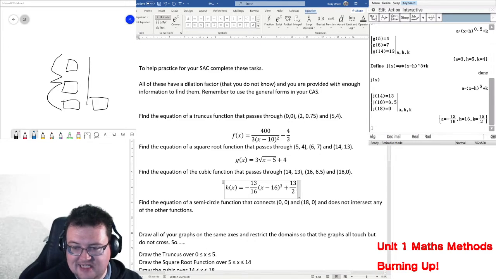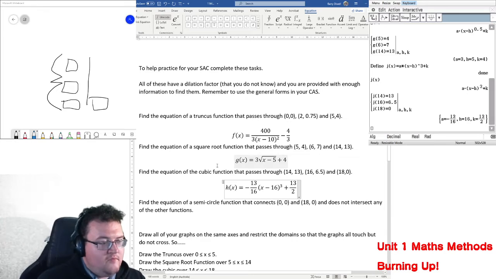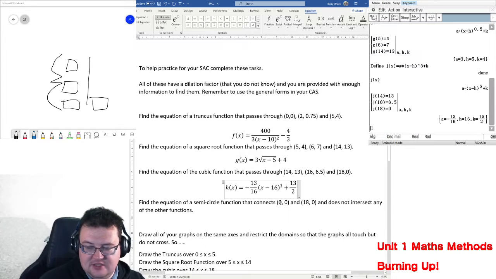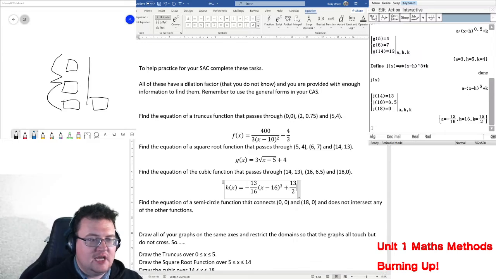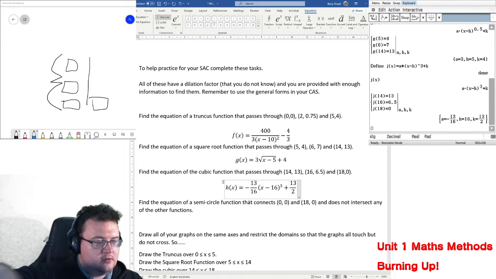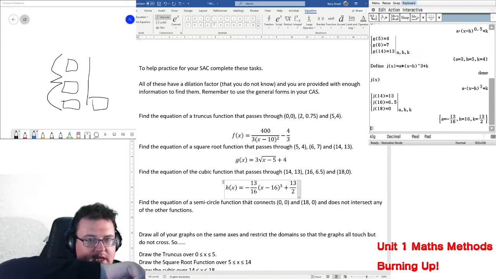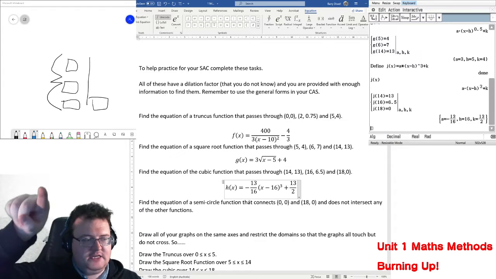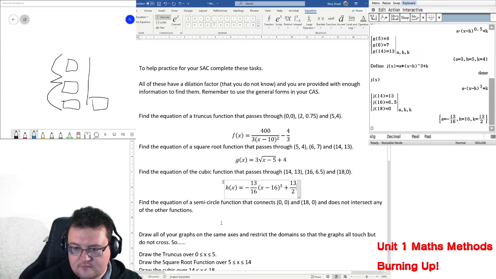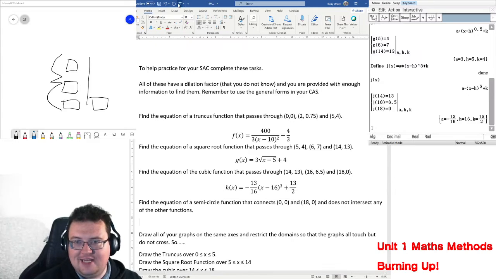Last one, a semicircle that connects 0, 0 and 18, 0. But it does not intersect any other functions, which means that it can't be the positive. It has to be the negative. So that means we're looking for a negative semicircle function.